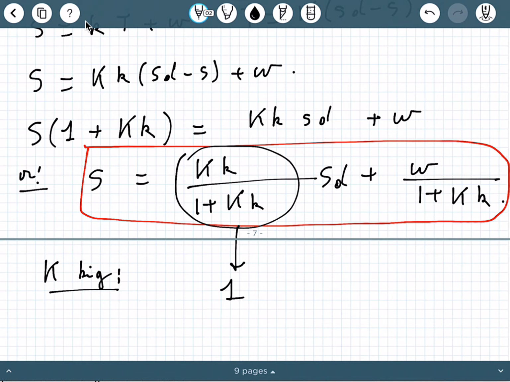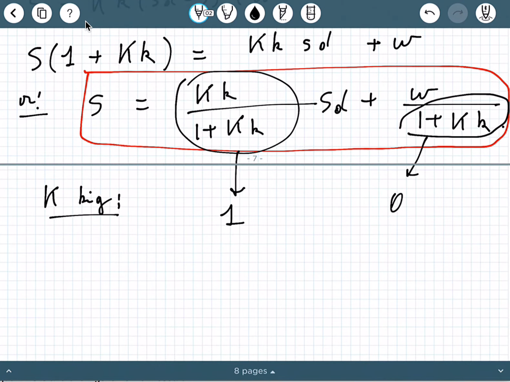On the other hand, that term tends towards 0, which means that when K is big, you get S about equal to SD plus W divided by infinity, which is about 0.